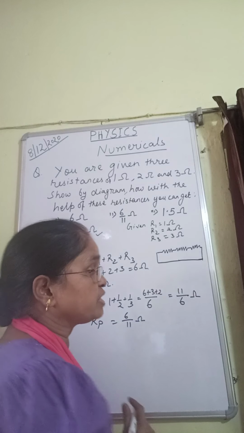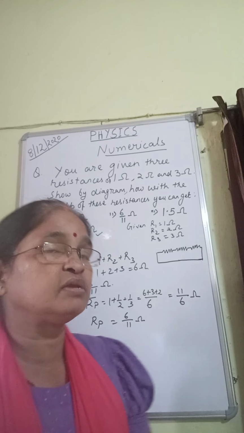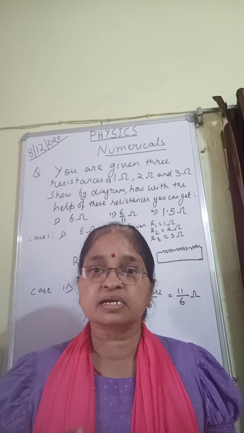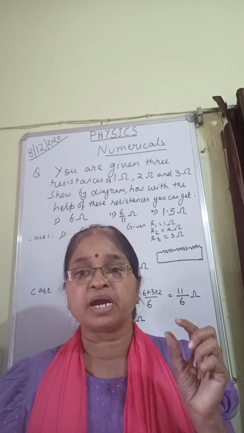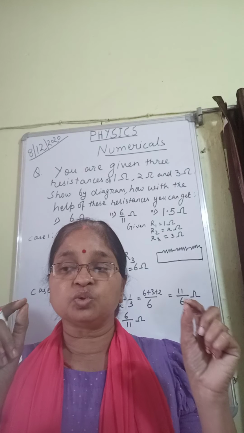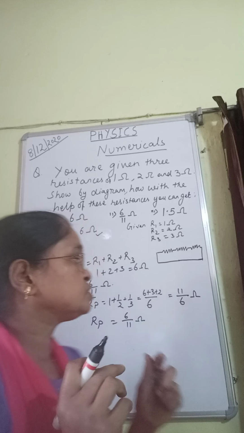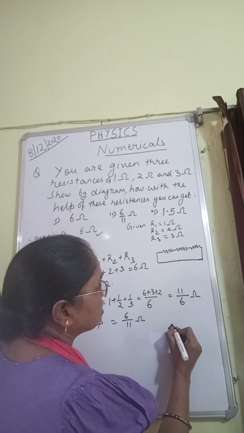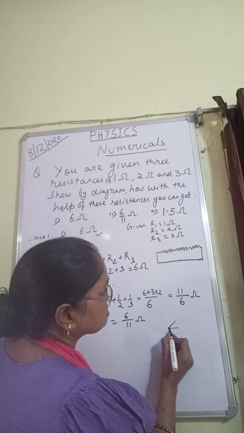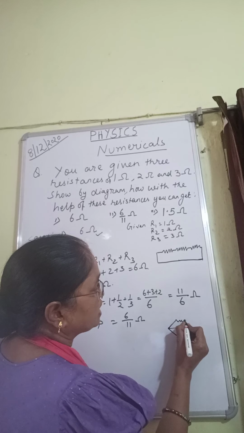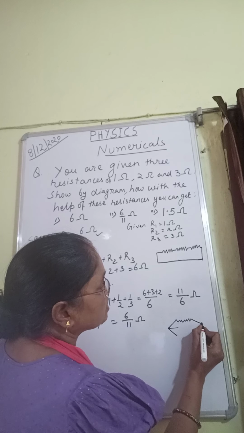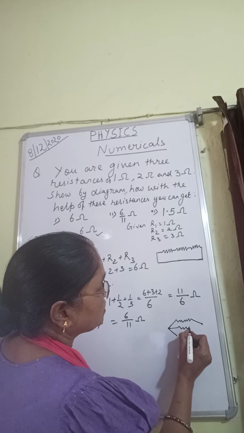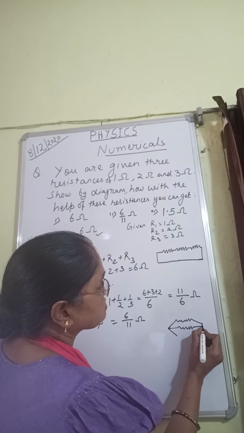When you show it in the figure, students, I think you are remembering when I used to teach you parallel combination, I have shown you that a parallel combination has two common terminals. So here also let's show, we will take one common terminal, then 2 and 3, and then you connect your parallel resistances very easily.